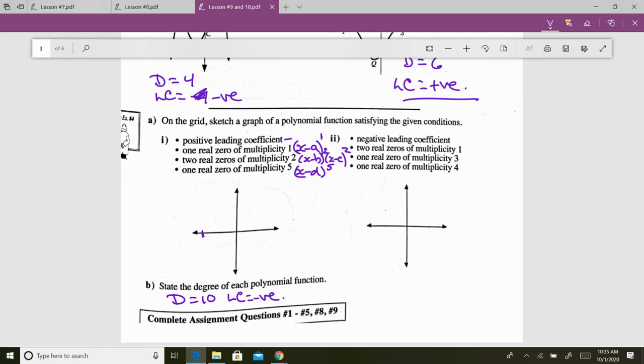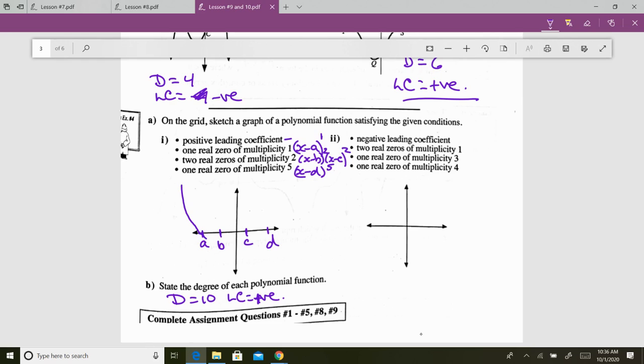And then we mark our zeros. I just work left to right because they haven't really said where they are or what the numbers are. So I'm just going to call that A, that B, that C, and that D. Even degree, positive leading, both arms are up. So we start up, we come to A, what happens?